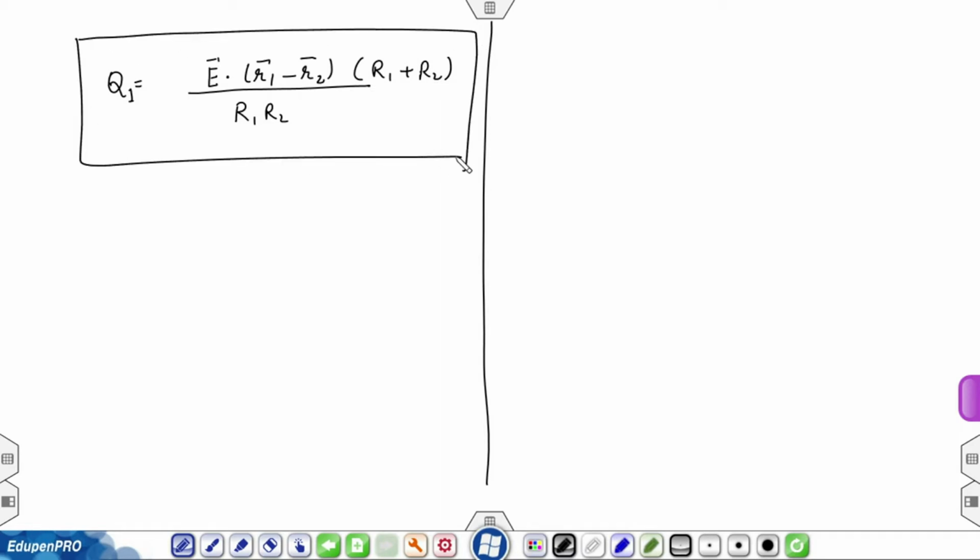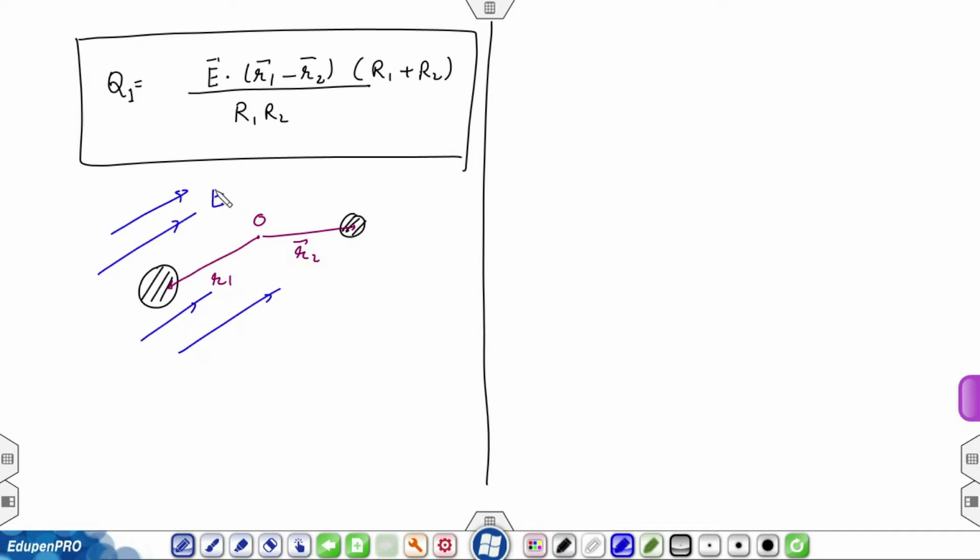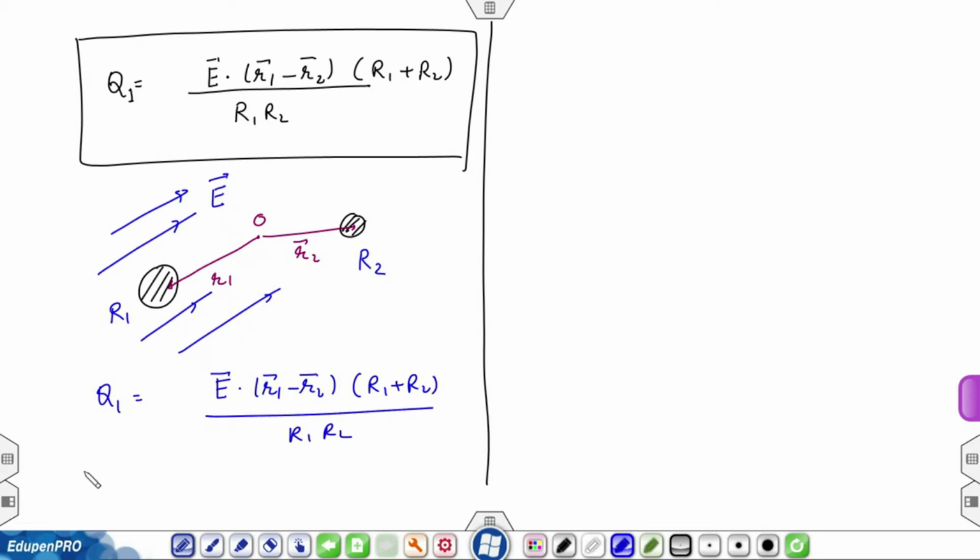So, what we have found is that if I have these two spheres at distances R1 and R2 from the origin in a uniform field E, and the radius of the first one is R1, radius of the second one is R2, then the charge on the first one is going to be Q1 equals E dot (R1 minus R2) times (R1 plus R2) over R1 R2, and on the other one is going to be minus Q1.